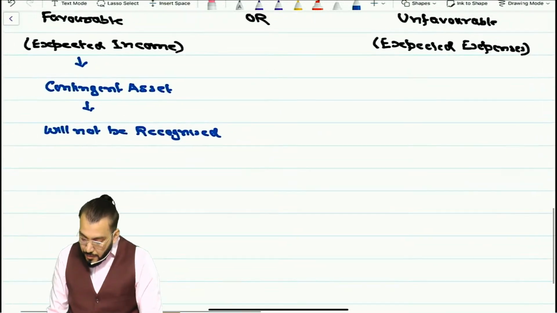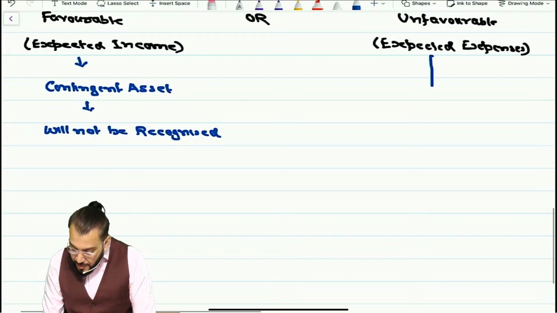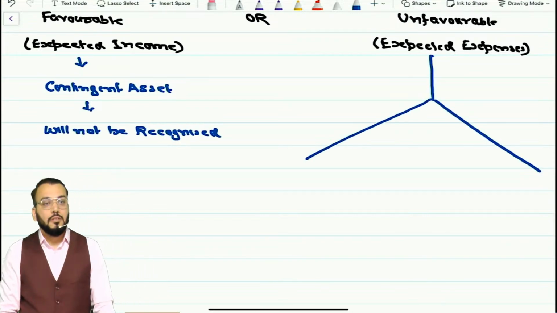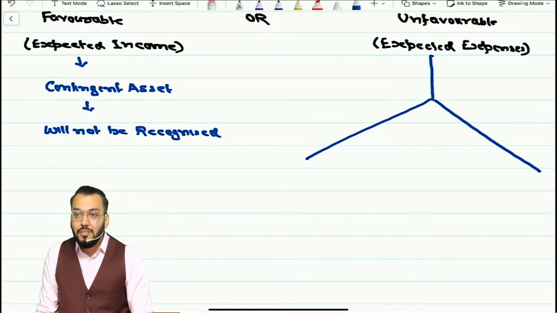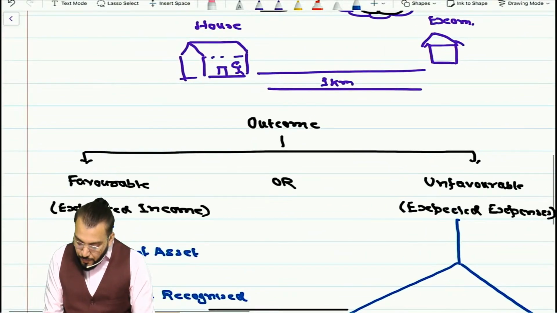Means can I say about this unfavorable situation, which is nothing but expected expenses, now that we have understood, as per the conservatism principle we need to recognize it, because when I am saying outcome, this is an outcome from which event? Arising from a past event.